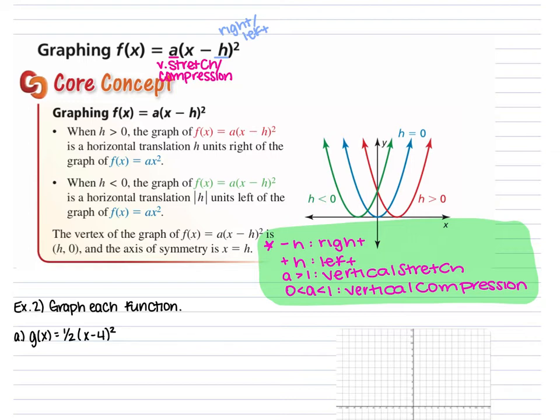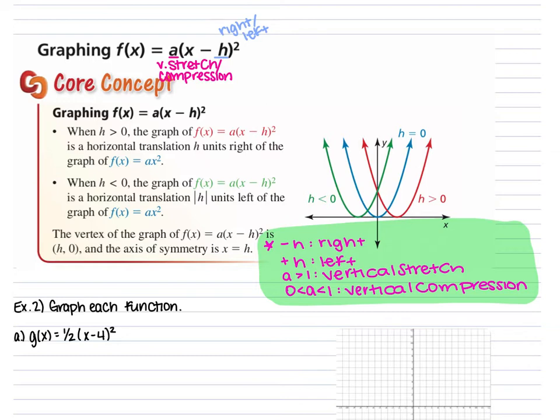Anything that happens inside your parentheses with any of these functions, you want to think opposite. So I understand that within this function, you have x minus h. You would think minus h, you're going to be going down or to the left or something to represent a negative. However, you have to think opposite. So that h that's inside the parentheses with the x represents a horizontal shift.